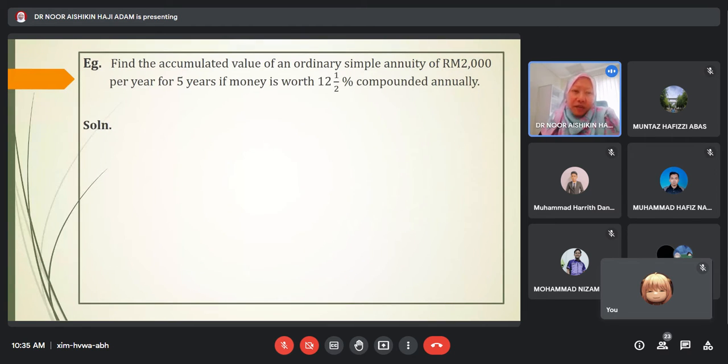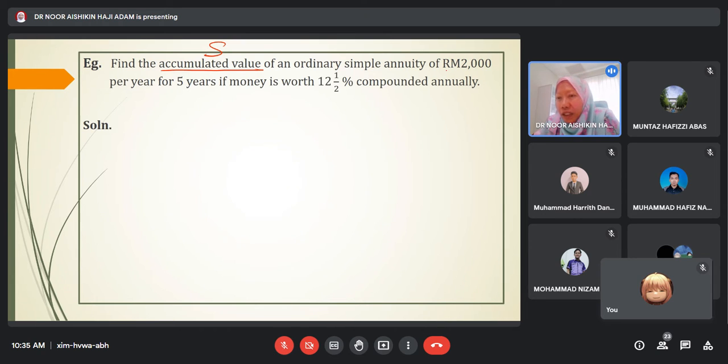Okay, let's look at this example. Find the accumulated value. So what is it that you want to find? S. Of an ordinary simple annuity. There you go. Ordinary simple annuity. Yang tadi saya kata kita combinekan dia semua. Inilah dia. Of RM2,000 per year for 5 years.